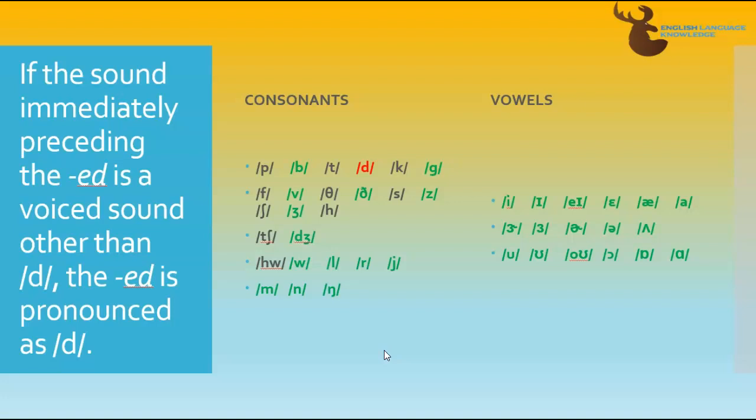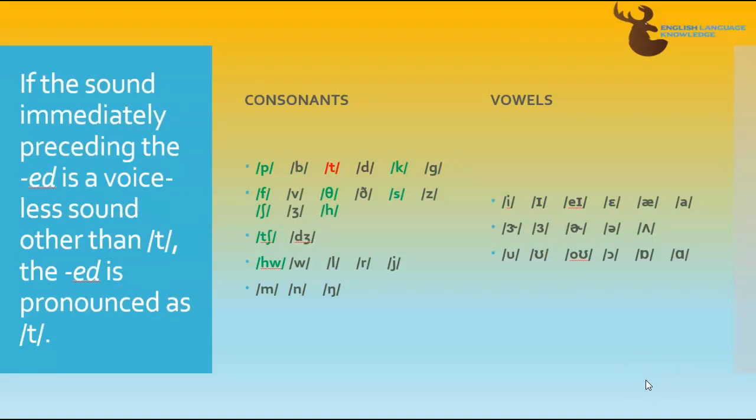Remember that if the sound immediately preceding the ed is a voiced sound other than d, the ed is pronounced as d, okay? So if the sound preceding the ed is any of the sounds highlighted in green here, then that ed is going to be pronounced d.